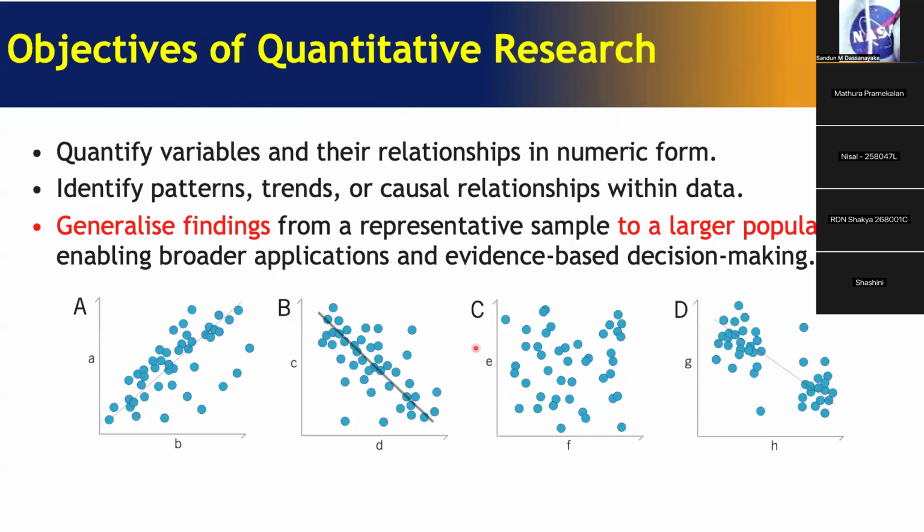So the objectives of quantitative research: we try to quantify variables and their relationships in numeric form. That's what we try to do. So if you think about a research question that you have, you have to quantify the variables and their relationships into numeric form if you want to do quantitative research.